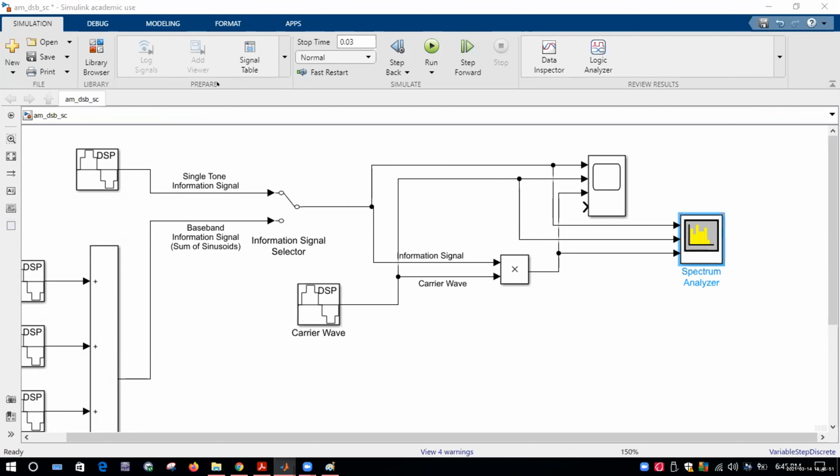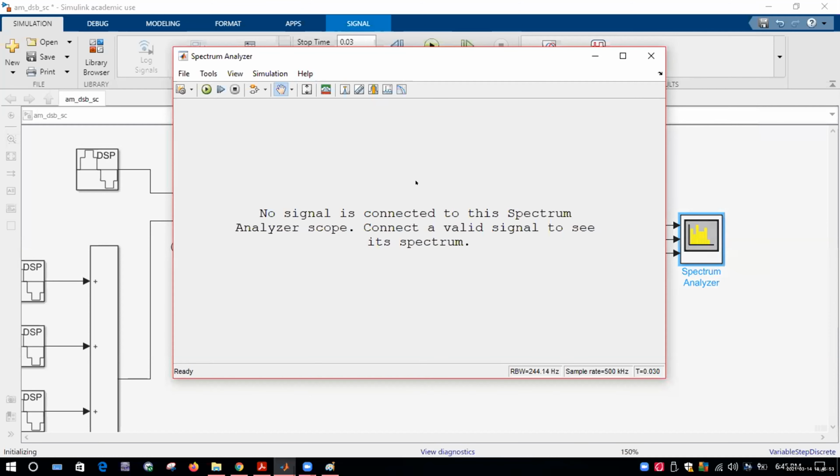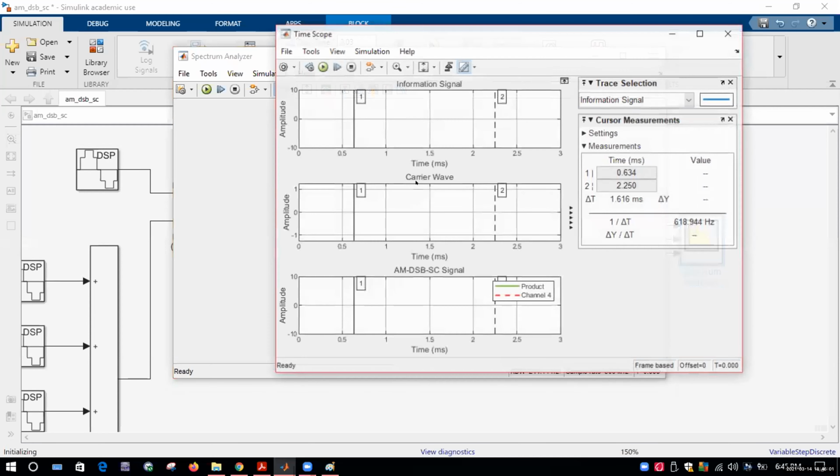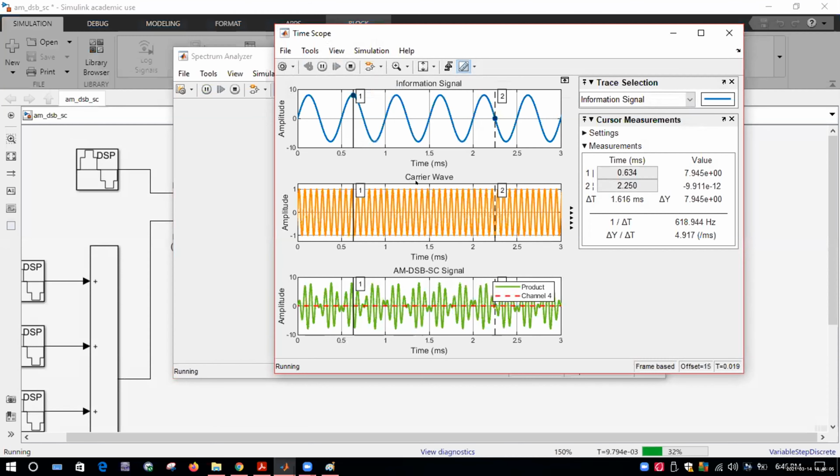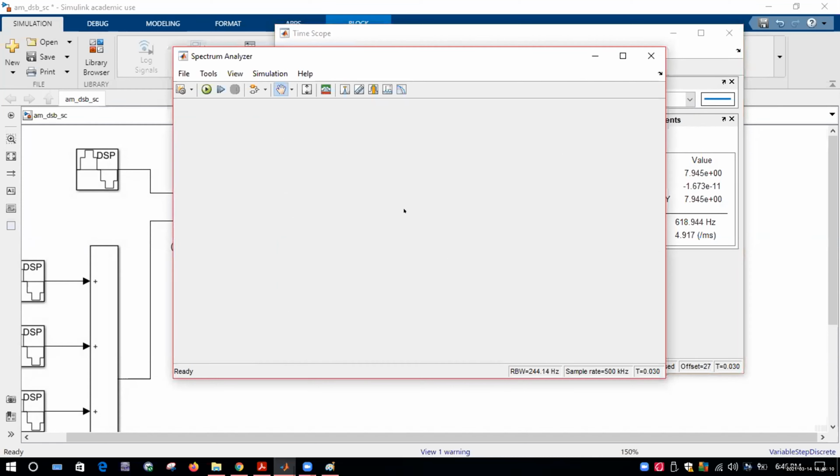Run it again. See, sometimes it's a problem with this spectrum analyzer. Before it was showing you the results, now it's not showing anything, right?